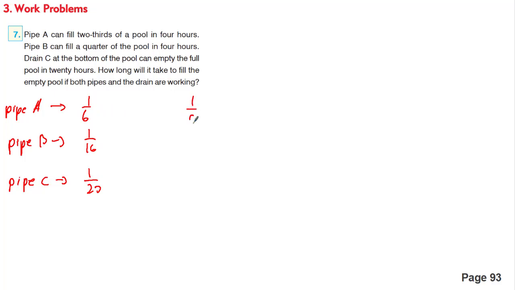We don't know, so 1/6 times t plus, because these add water to the tank. But then we have to subtract 1/20 times t hours. Why? Because we want this drain C to drain water, not to pour water into the tank.